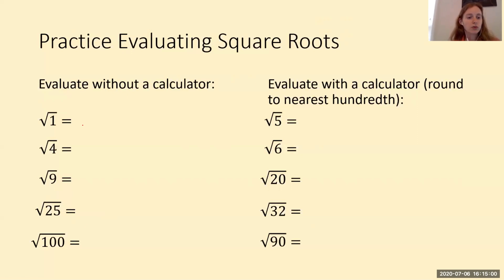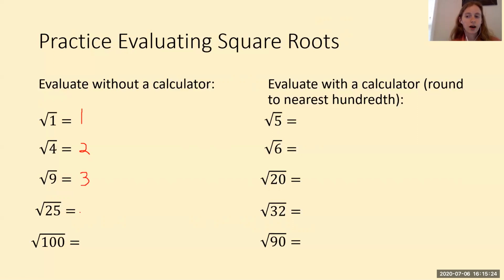Okay, so square root of 1. What number squared equals 1? Well, that's going to be 1. Square root of 4. What number squared equals 4? Well, that's 2. Square root of 9. What number squared equals 9? Well, that's 3.